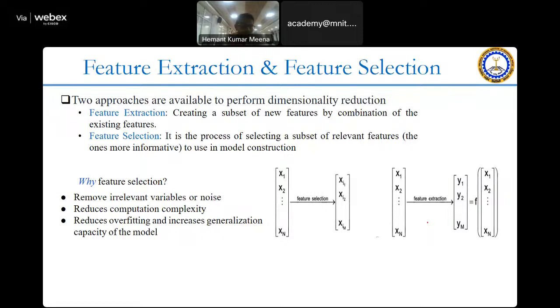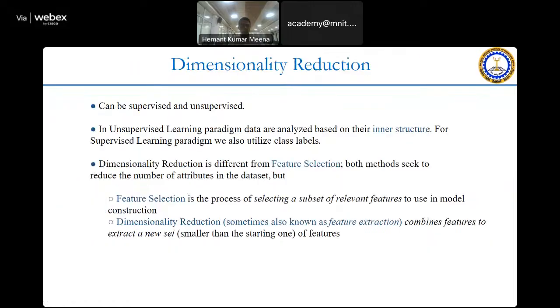Many times it is PCA. In PCA, you select the key features. Why feature selection? To remove irrelevant variables or noise, to reduce computational complexity, to reduce overfitting, and to increase the generalization capacity of the model.